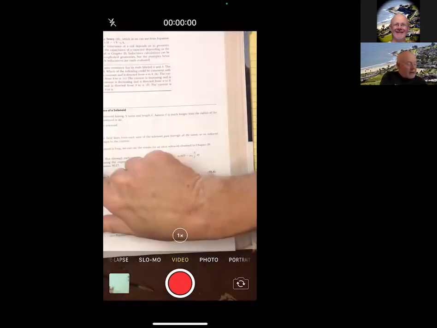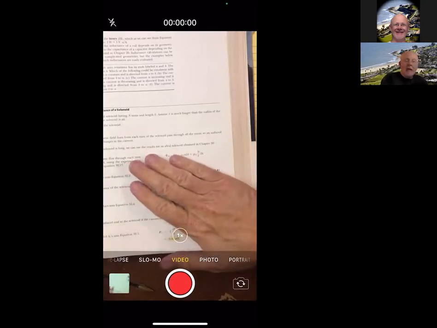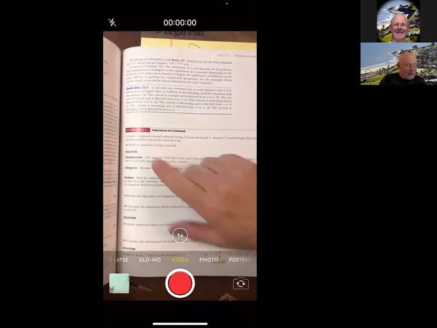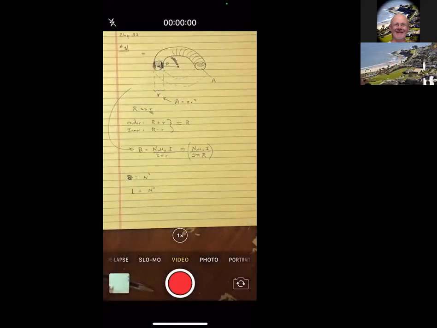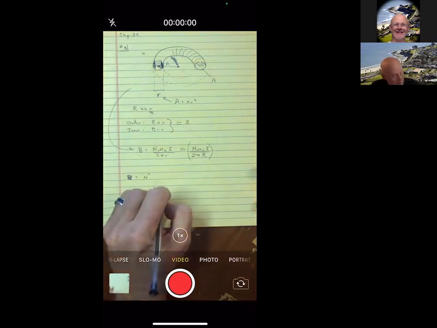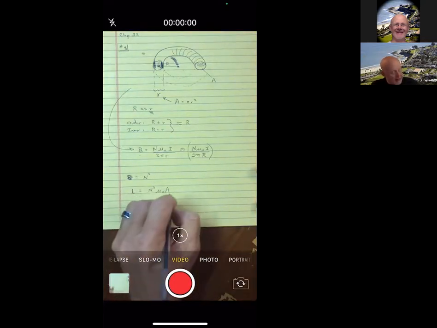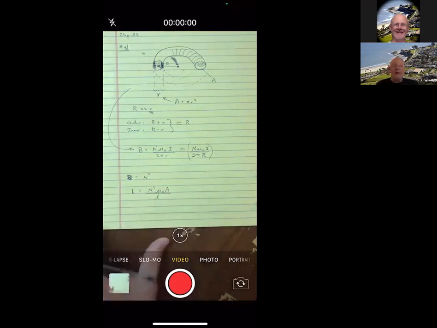And so right here, in this example number 1, the inductance of a solenoid, the author works through and says, this is it. It's mu naught n squared times the area, and of course, this is a solenoid, over the length of the solenoid. So if we use that as our starting point, there was a mu naught, an n squared, an A over the length of the solenoid.